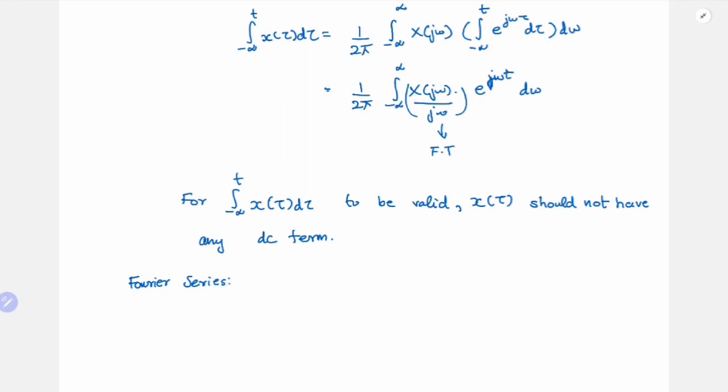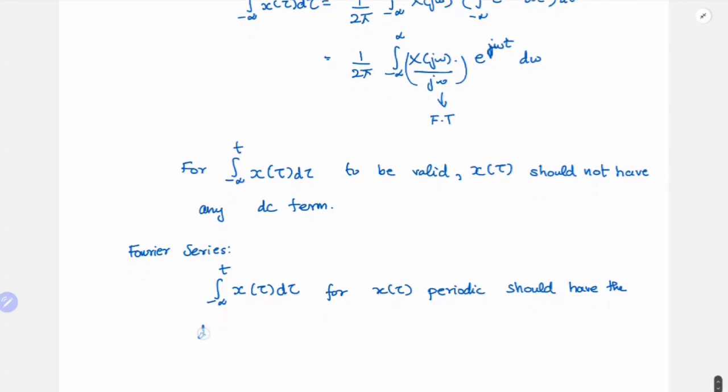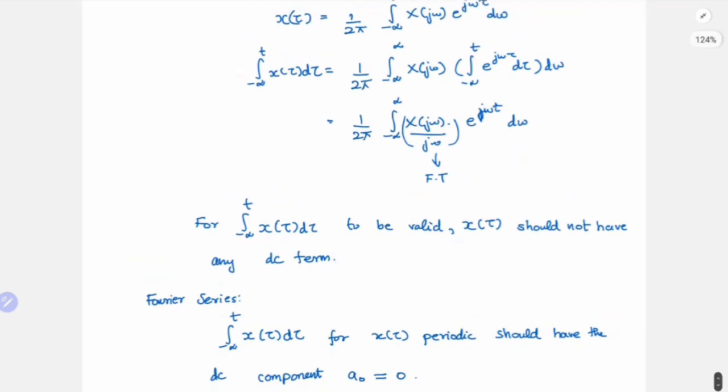But even for the Fourier series, the integral from minus infinity to t of x of tau d tau, for x of tau periodic, should have the dc component a naught equal to 0. So then only this integral will be valid, right? Otherwise this will not converge. It will tend to infinity. And the other thing is, when we integrate, there can also be a constant.